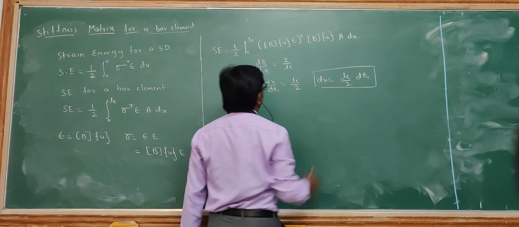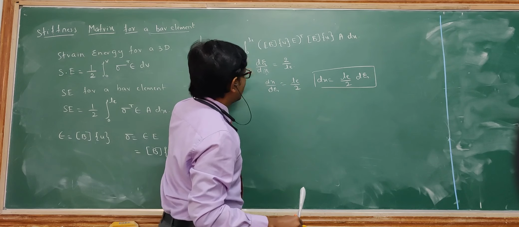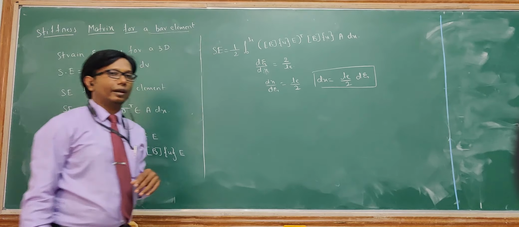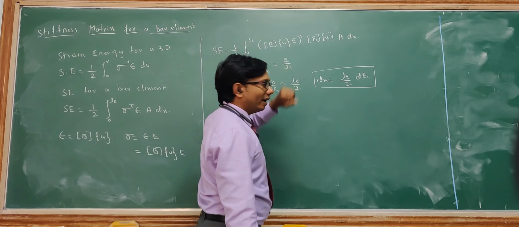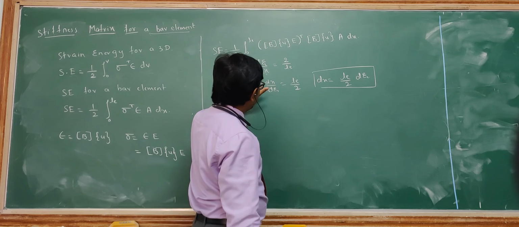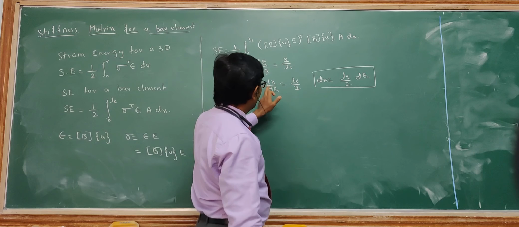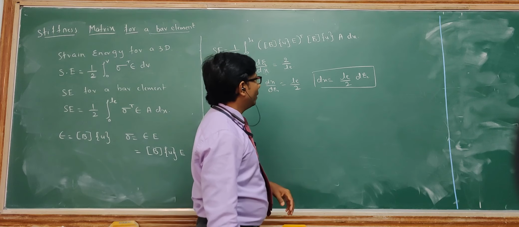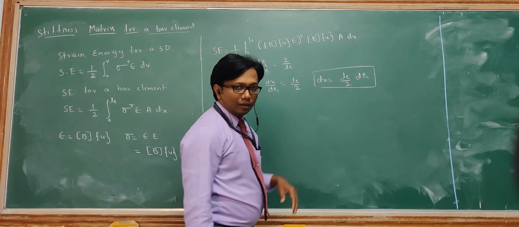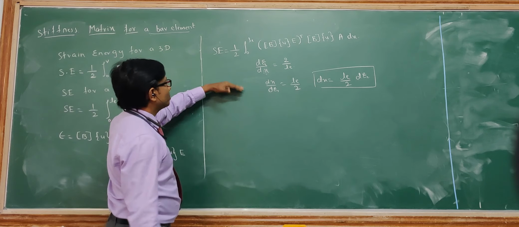If I want only dx here, I will write LE by 2 d zeta. I am just substituting the same thing now.